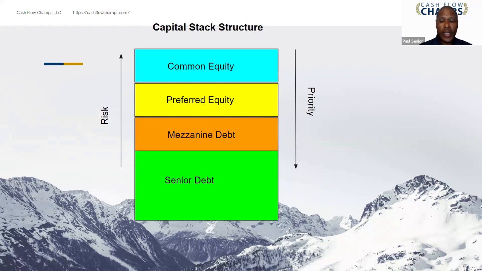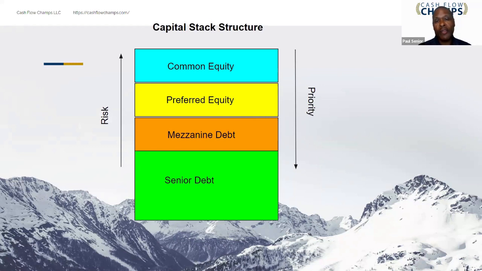So the key difference between the mezz debt and the pref equity is really in the legal structure of both. The pref equity investors have direct ownership of the borrowing entity for the real estate, right? When you buy an apartment complex, like a 100-unit apartment complex, you normally form an LLC for that, and inside that LLC you place the property.